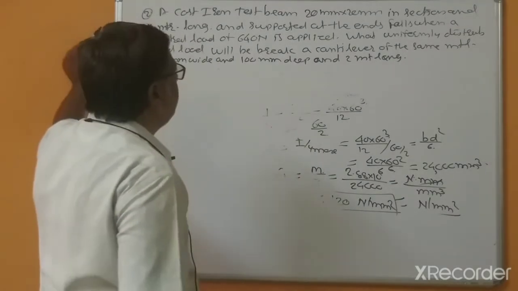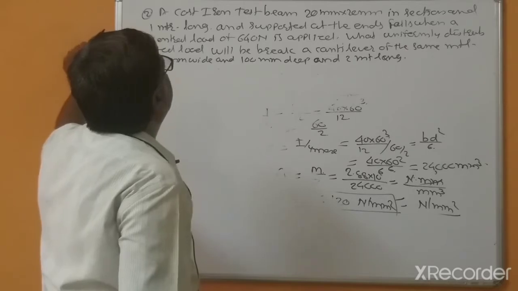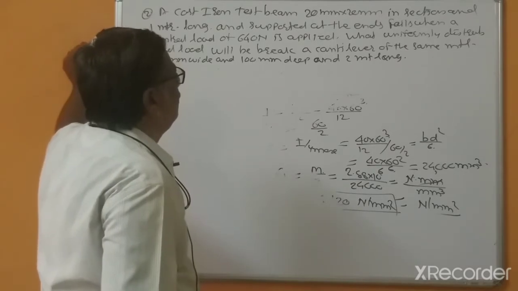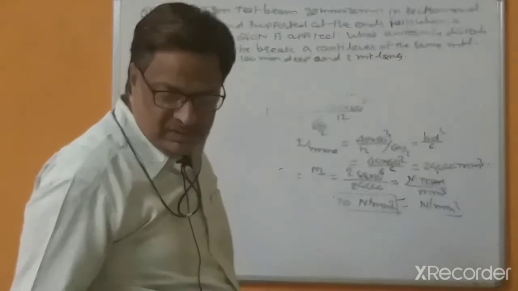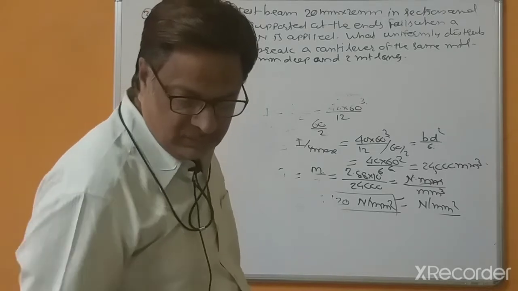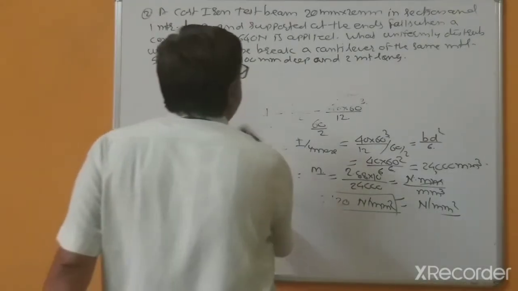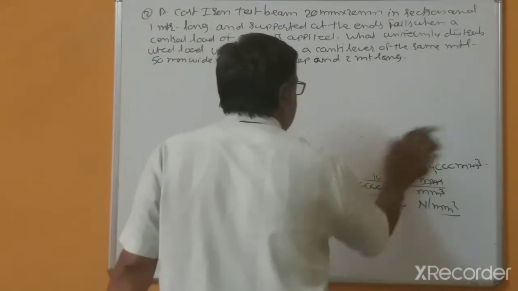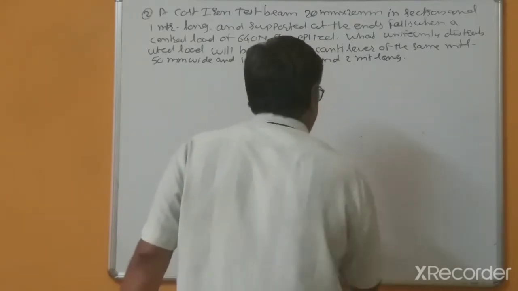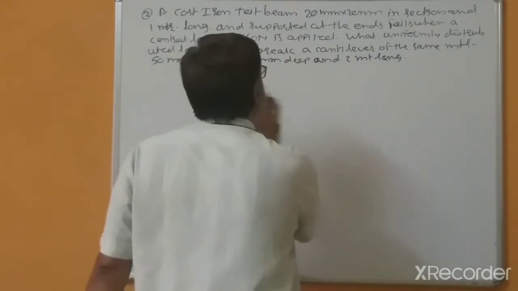Cast iron test beam 20 mm in section and 1 meter long and supported at the ends. Supported at the ends means this is a simply supported beam.